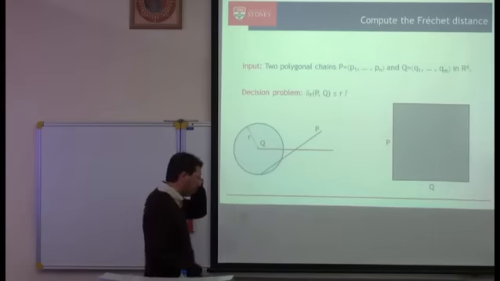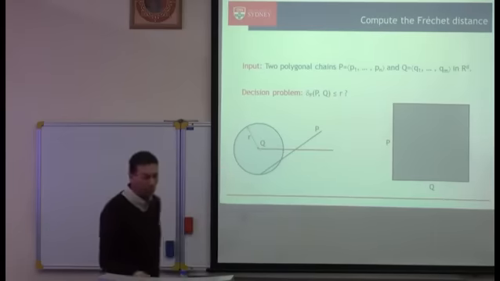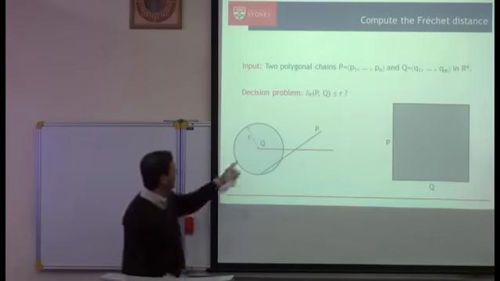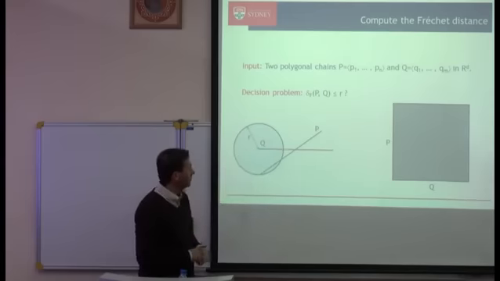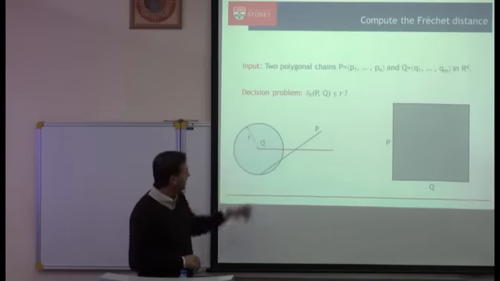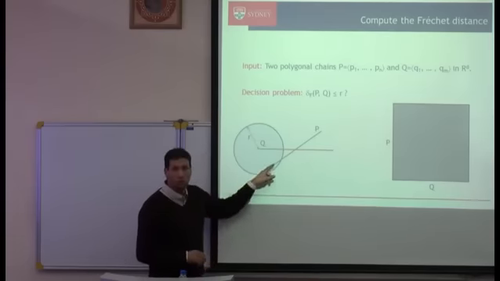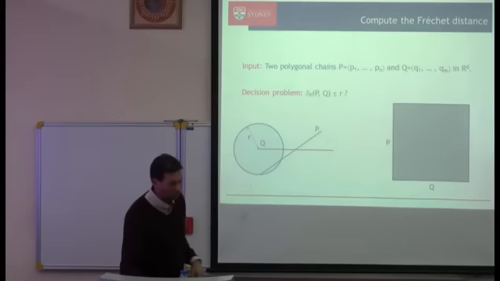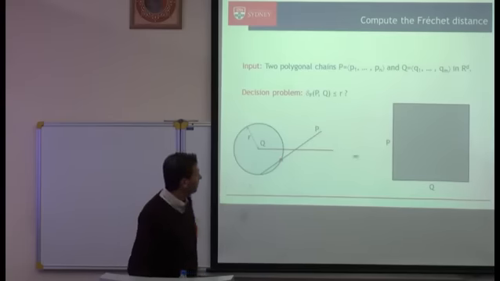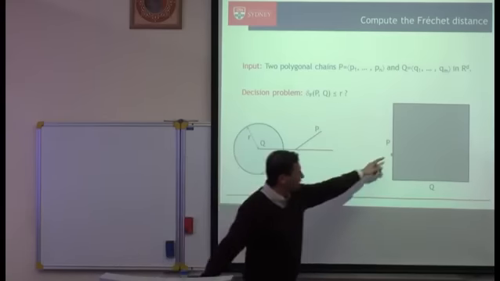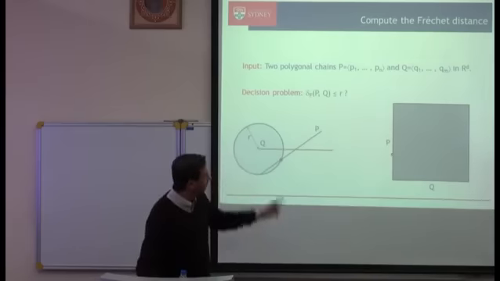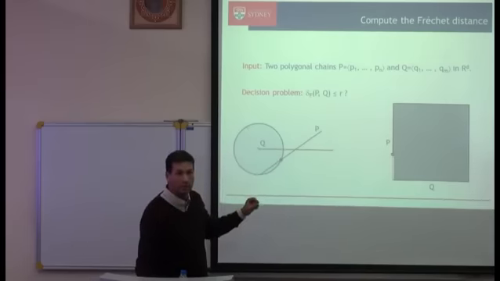So let's look at this a little bit. Let's look at the start point of Q and put a ball of radius R. Okay, it will intersect this part of P. So all these points on P will be within distance R. So I'll mark this point, and then everything that is below that will be white. Right?